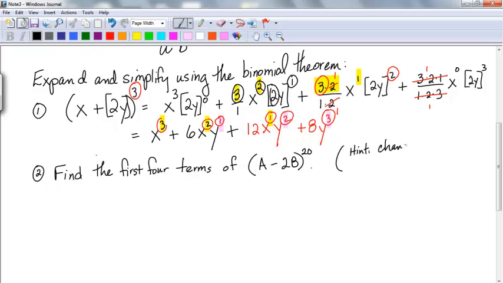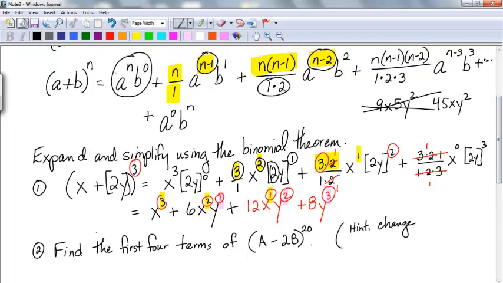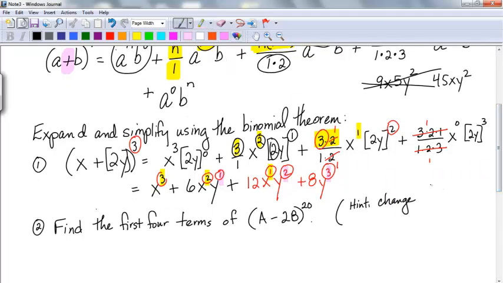Okay, the hint on this one first. On the binomial theorem, if you go back up here, this was a plus sign. So we need this to be a plus sign down here. So change the minus to plus a negative.